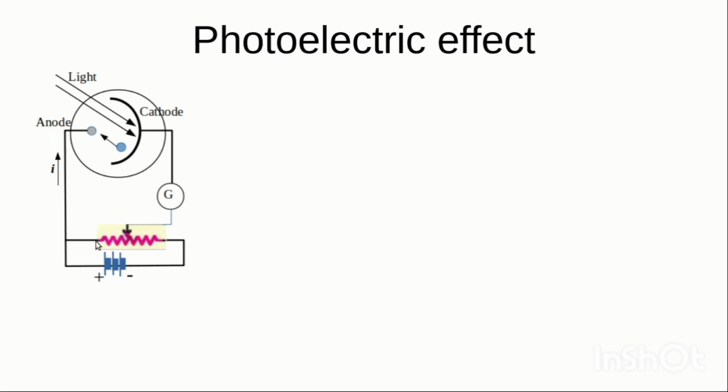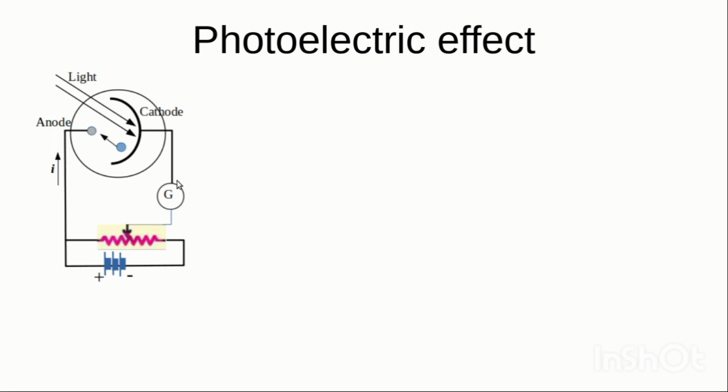When light falls on this particular plate, electrons will be ejected, and these electrons will be attracted to the anode because this part is positive and this side is negative. So when electrons are ejected and attracted to this point, current will be established.